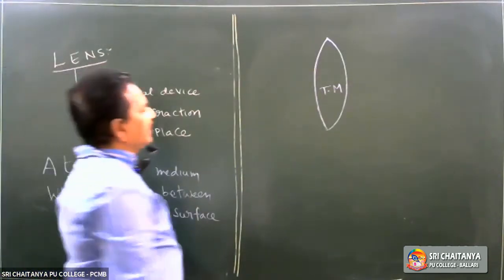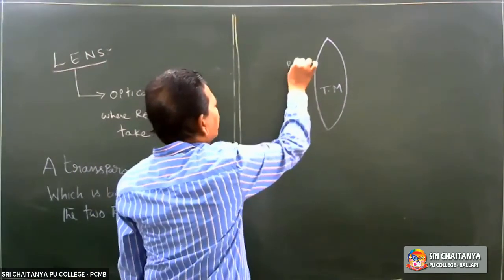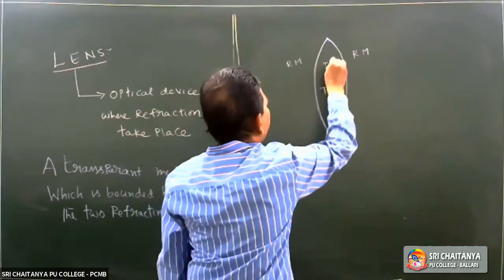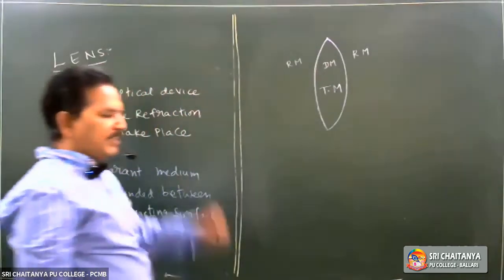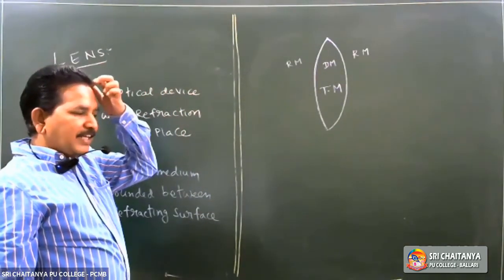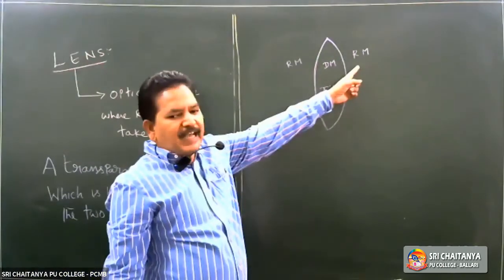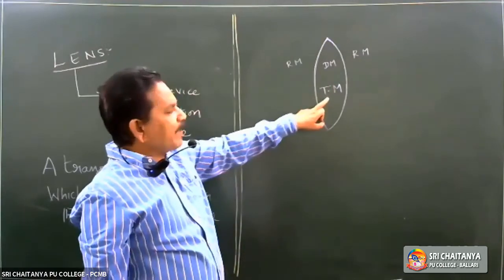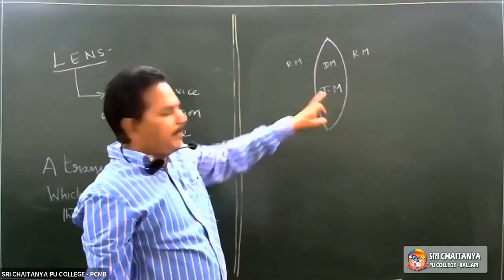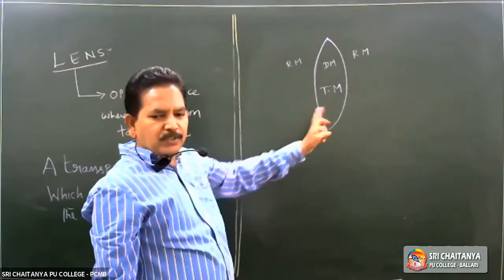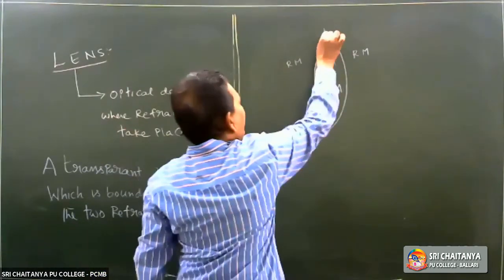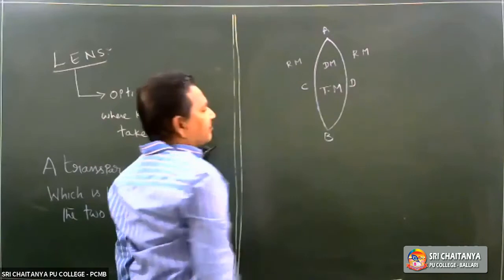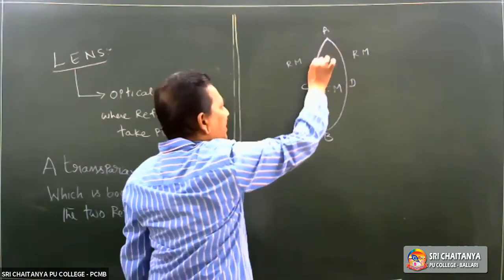Here, the rarer medium, refractive index N1. Another rarer medium, refractive index N1. This is the denser medium. A transparent medium which is bounded between the two refracting surfaces A, B. Suppose this is C, this is D. ACD is one refracting surface.